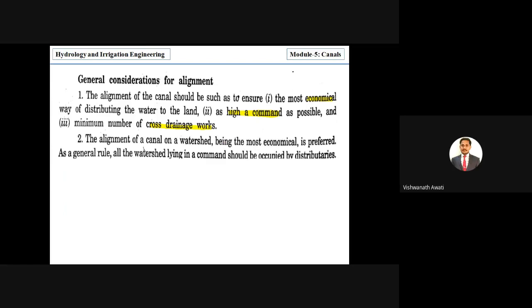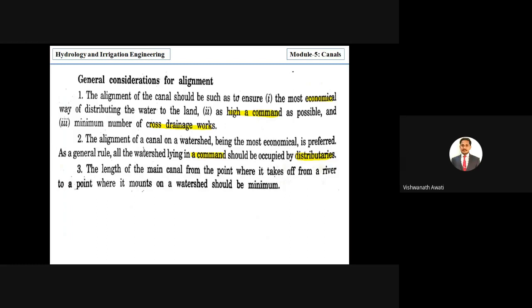Next, the alignment of the canal on the watershed, being most economical, is preferred. As a general rule, all the watershed lying in a command should be occupied by distributaries. As I told, command means how much area is covered by the canal; that area should be covered with distributary canals.